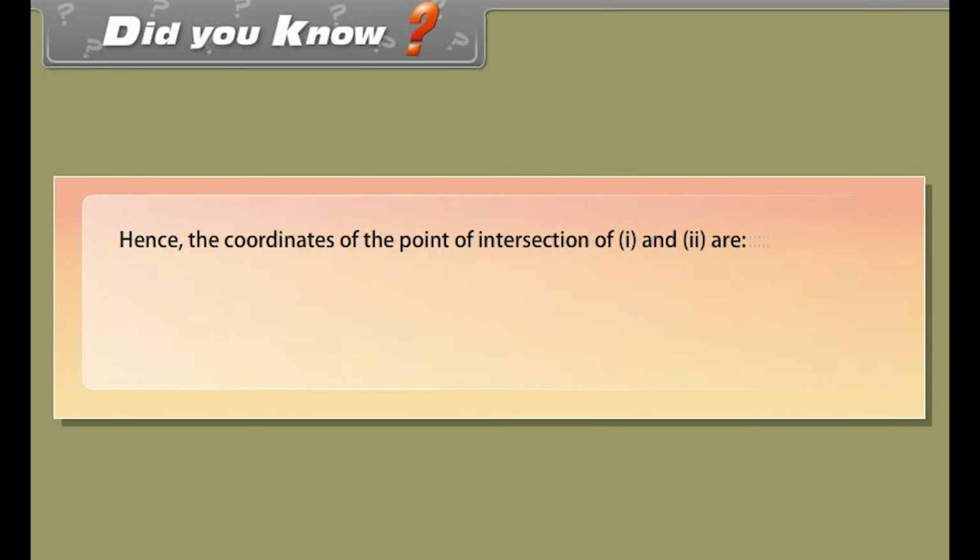Hence, the coordinates of the point of intersection of 1 and 2 are b1c2 minus b2c1 by a1b2 minus a2b1, c1a2 minus c2a1 by a1b2 minus a2b1.